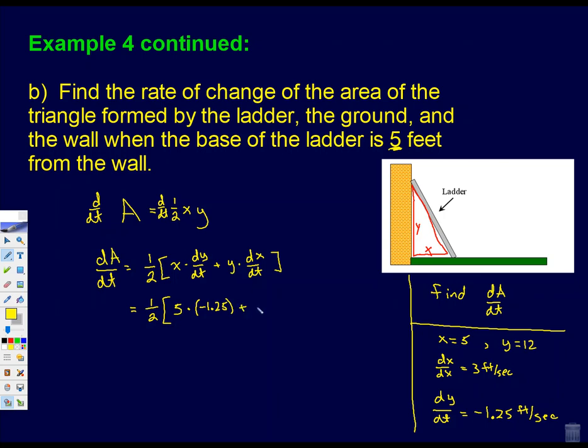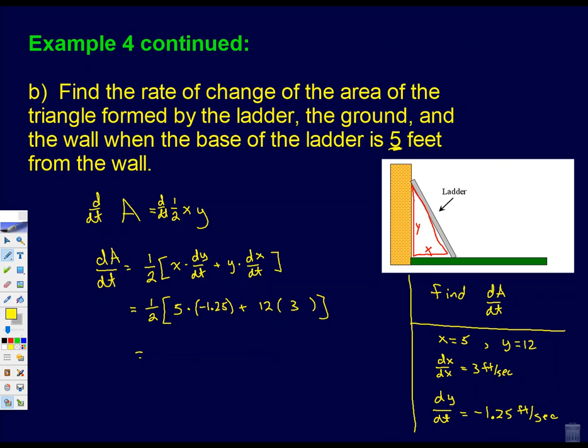And at that instant, the height of the ladder, y, is 12 feet. And dx/dt is 3. That's the given rate. So all that's left for us to do is this calculation, and I'm going to do that with my calculator.